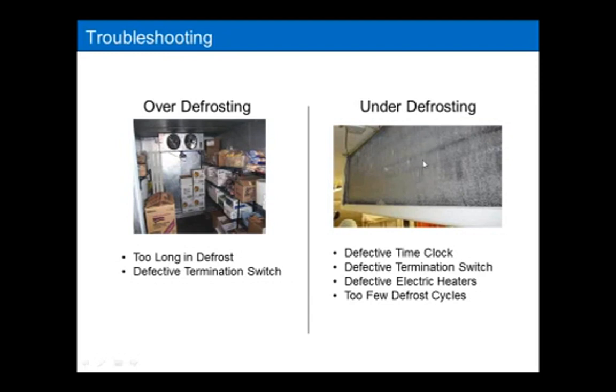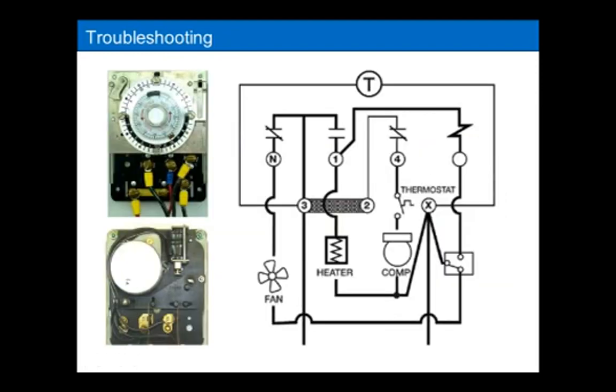So let's talk about under defrosting. That's the most common. When it comes to troubleshooting, you treat it like an electric heating circuit. Most common way of testing the system is to manually put it into defrost. Turn this knob counterclockwise till it clicks into defrost. Take an ammeter, clamp it onto the defrost leg, whatever circuit is being used right here, and see if the heaters are drawing current.